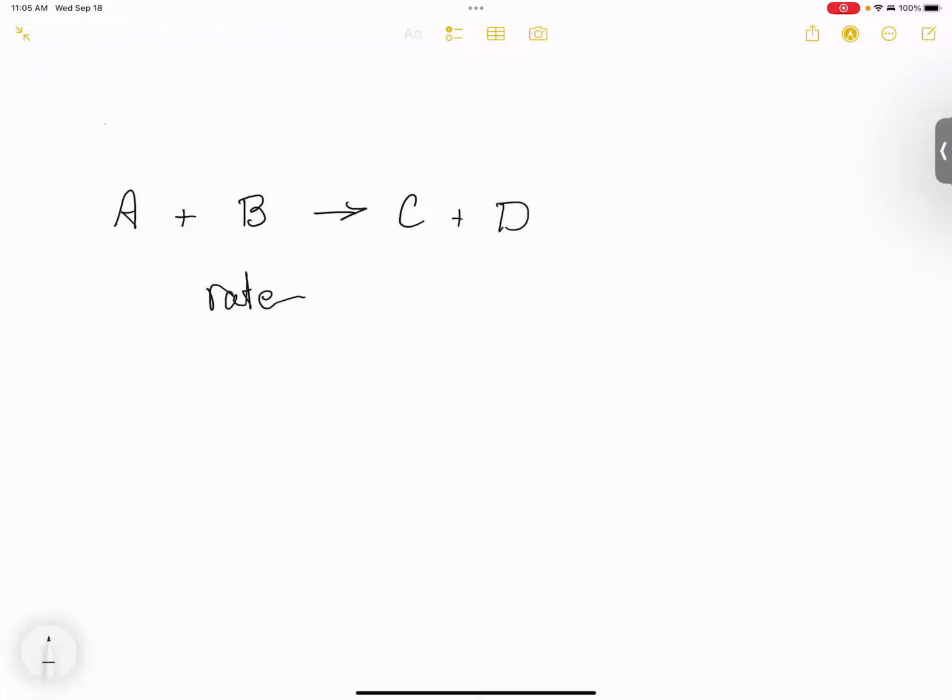Rate is equal to k times the concentration of A raised to some power times the concentration of B raised to some power. This, folks, is a generic rate law, and the entire focus on this is that it always has a similar form. It is always the rate is equal to the rate constant times the concentration of the reactants raised to a power. That power is called their order.